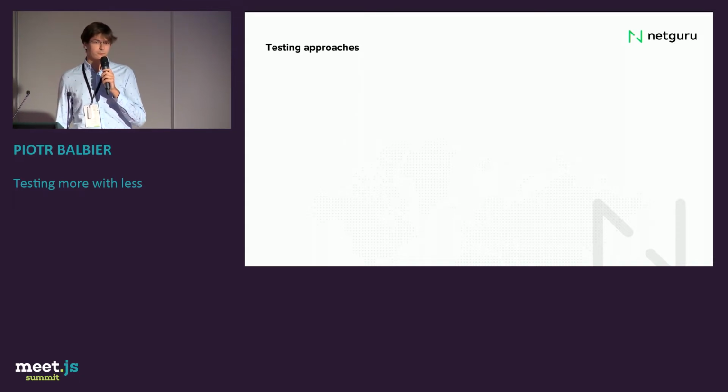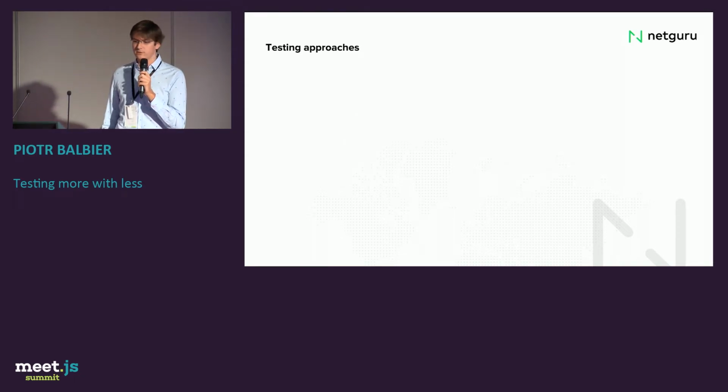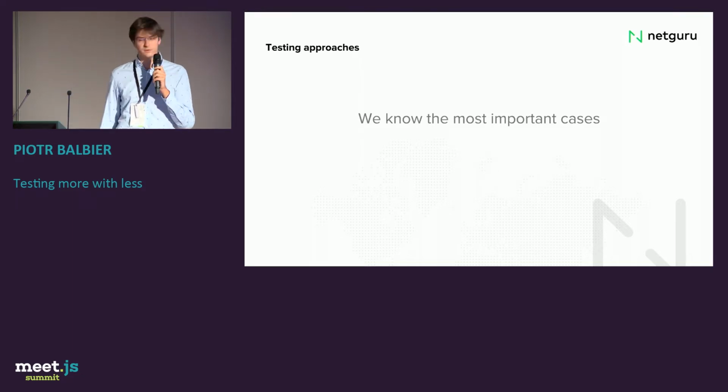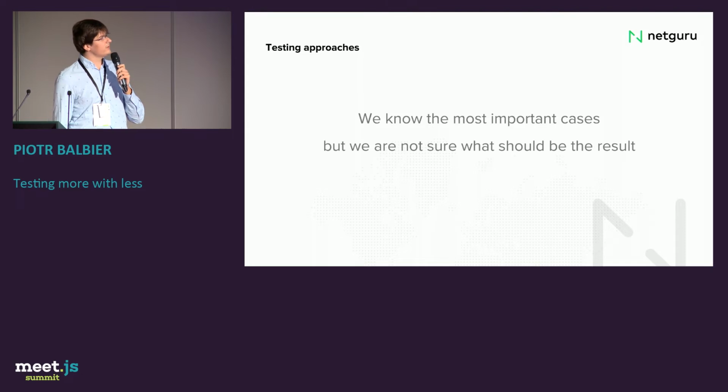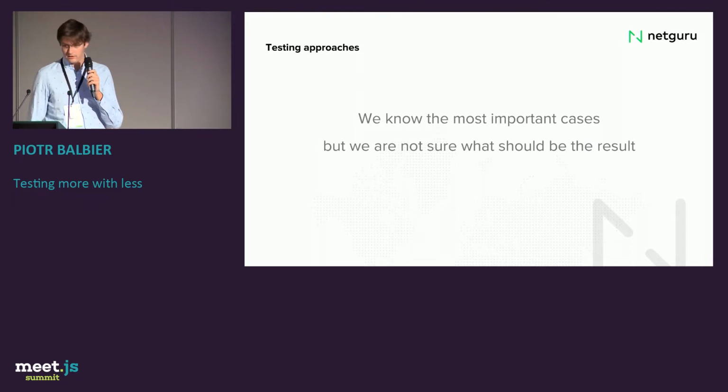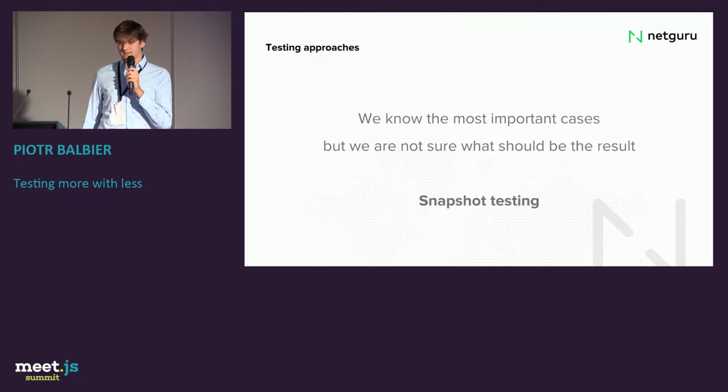Quite a new thing is a situation when we know when we should test, what cases we should take into account, but still it's quite difficult what should be the result. For example, that's widely used in testing with the Jest library, and it's called snapshot testing.